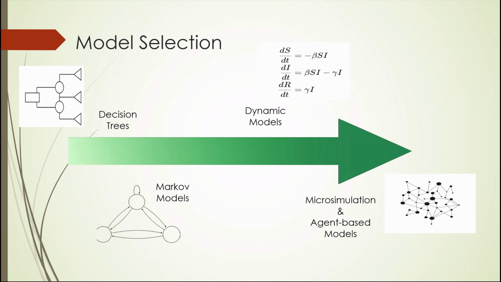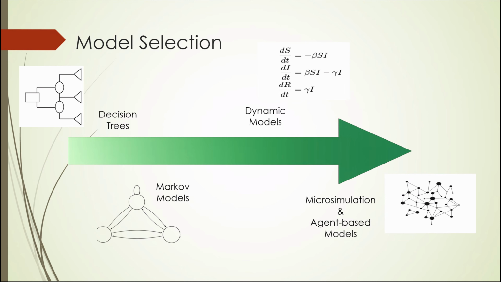So this is the exciting part, when we want to select a model based on all the data that we gathered from the previous steps of conducting a cost effectiveness analysis. I try to categorize the models that are used in cost effectiveness based on the level of complexity they have. So we start with decision trees and then we move to Markov models, which focus on the health states the patients are in and the transition between the health states.